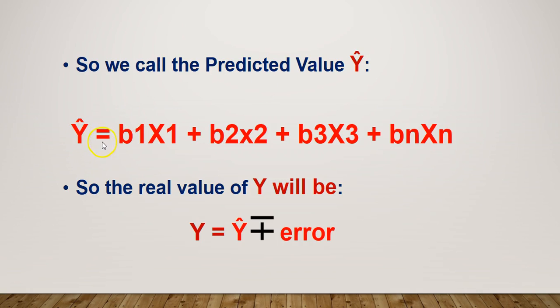We say Y hat is equal to B1X1 plus B2X2 plus B3X3 plus BnXn. So the real value of Y in this case will be equal to Y hat plus or minus the error. And this error will account for any difference between Y and Y hat, either in minus or in plus.